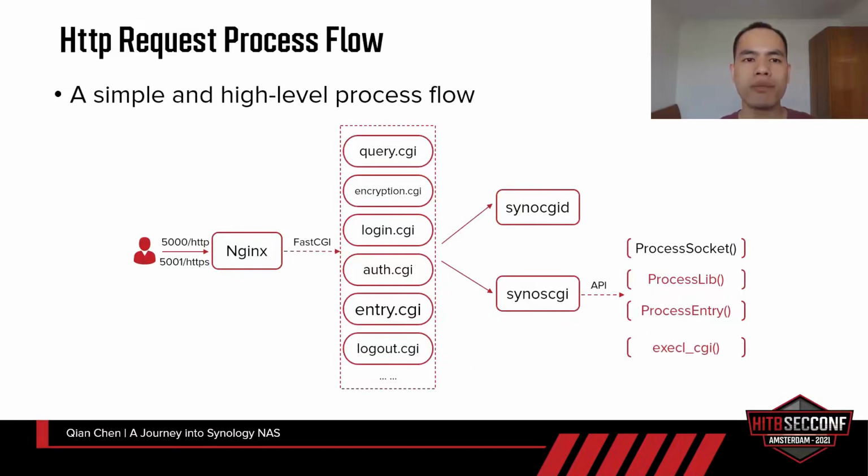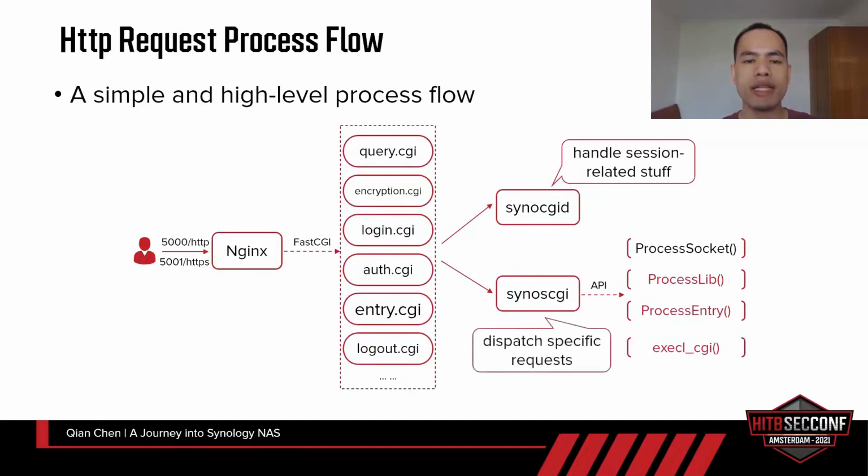Among them, entry.cgi is the endpoint for most post requests. This CGI may communicate with two large processes, synocgid and synoscgi. synocgid mainly handles session-related stuff, and synoscgi is mainly responsible for dispatching specific requests to the target backend.